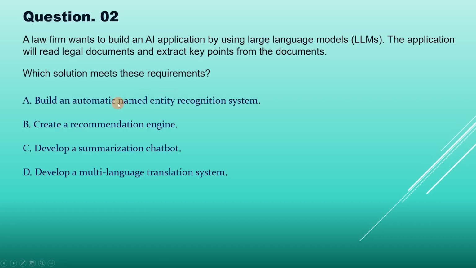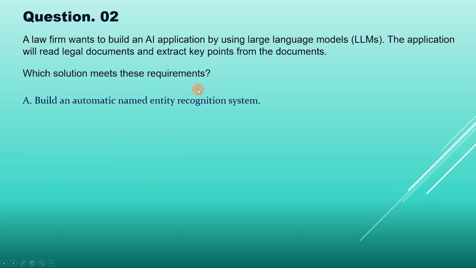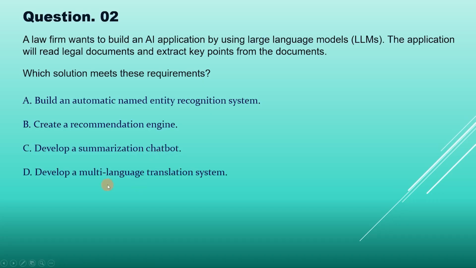The options are: build an automatic named entity recognition system, create a recommendation engine, develop a summarization chatbot, develop a multi-language translation system. Try to guess the correct answer here.